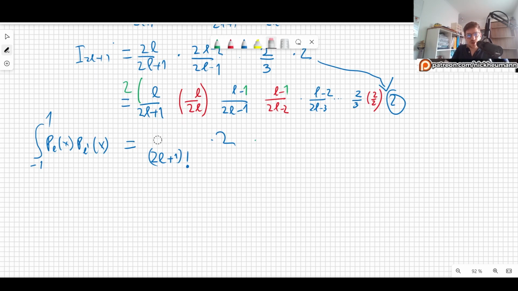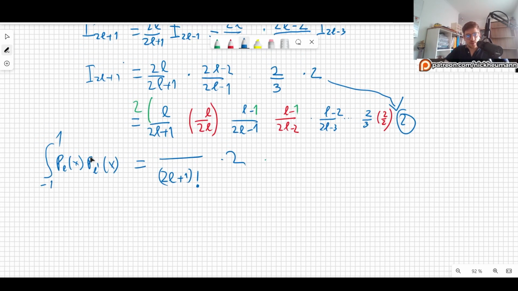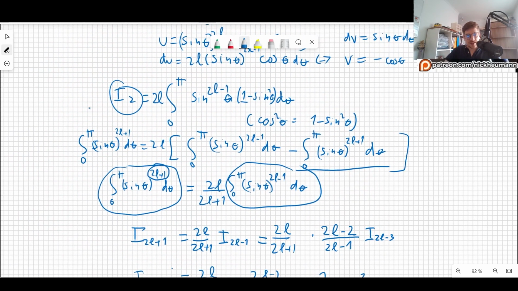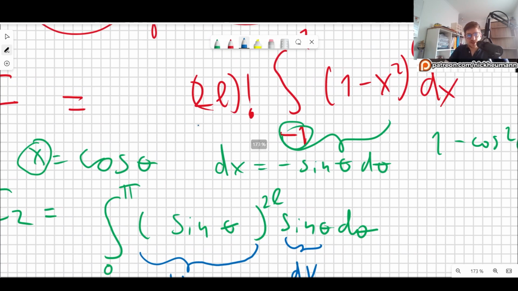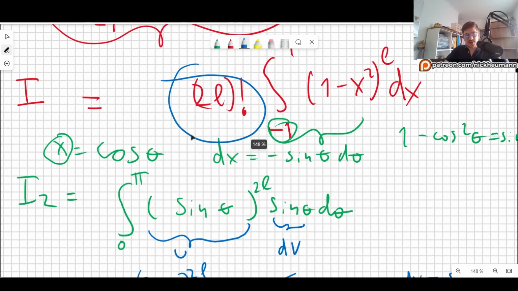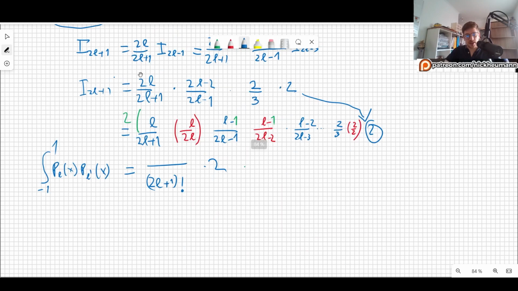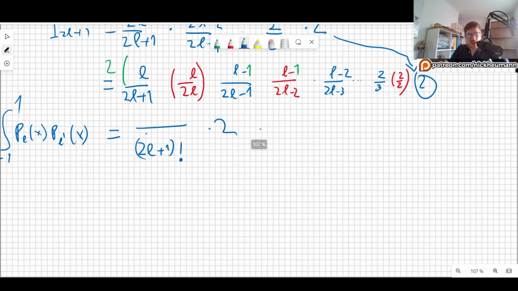And there's another term that we kind of left behind, right? We can go back a little bit. And it is right here. This 2L factorial. So we still need to include the 2L factorial. And notice we have 2L factorial over 2L plus 1 factorial.